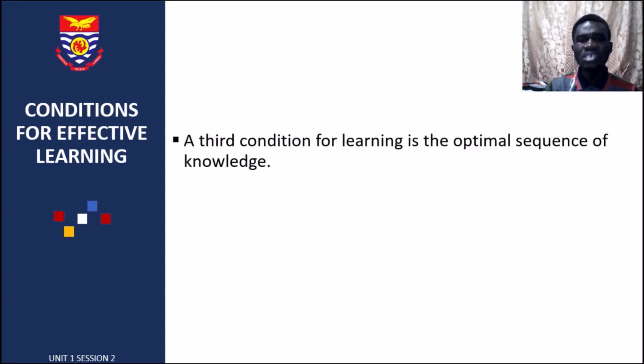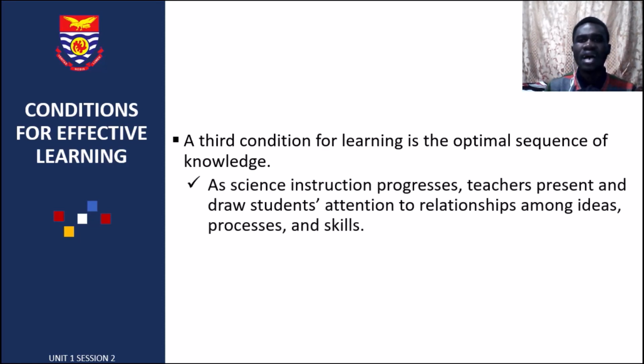Another condition for effective learning is the optimal sequence of knowledge. And here, as a science instructor, you must understand that as science instruction progresses, we present and draw students' attention to relationships among ideas, processes, and skills.